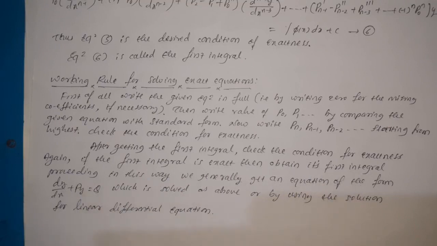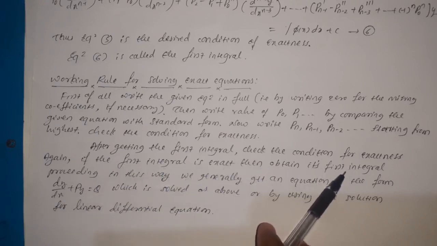It is a continuous process. If a cubic equation is given, then by using the first integral, that will become second order, then first order. Once you get the first order equation, it can be easily solved using the linear differential equation or the exact differential equation. If the first integral is exact, then obtain its first integral.